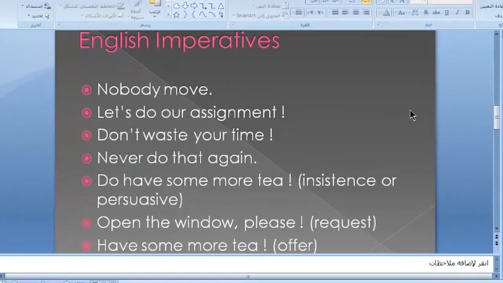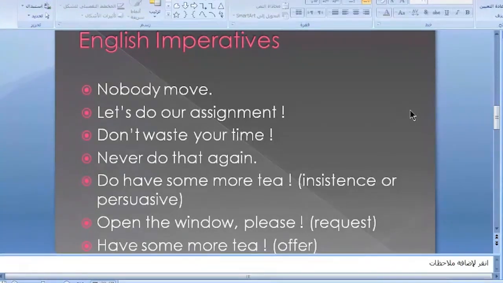Now, let's shed light on these examples. And out of these examples, we are going to talk about the functions, because what is important for you as translators is the function behind using a statement or a question or an imperative. And here we are going to talk about imperative clauses.